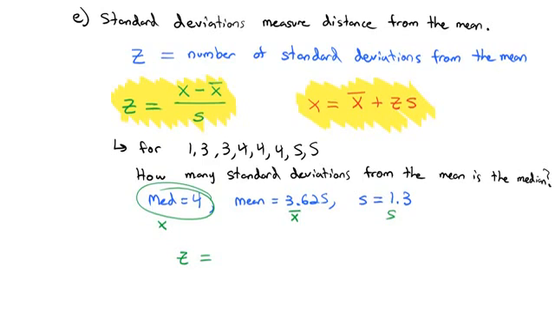So z, the number of standard deviations, is 4 minus the mean of 3.625, divided by the standard deviation of 1.3, and we find the median is 0.288 standard deviations from the mean.